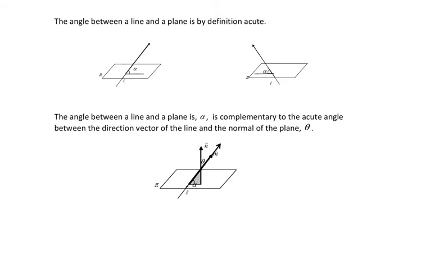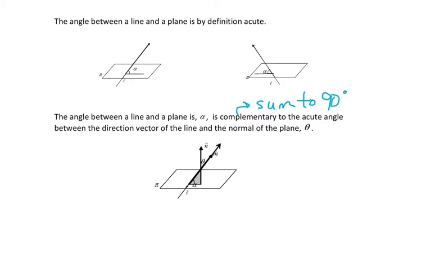So our angle between the line and the plane, alpha, and theta, which is the angle between the direction of the line and the normal, theta and alpha are going to add up to be 90, and so we say that they're complementary. So complementary, of course, is summed to 90 degrees.